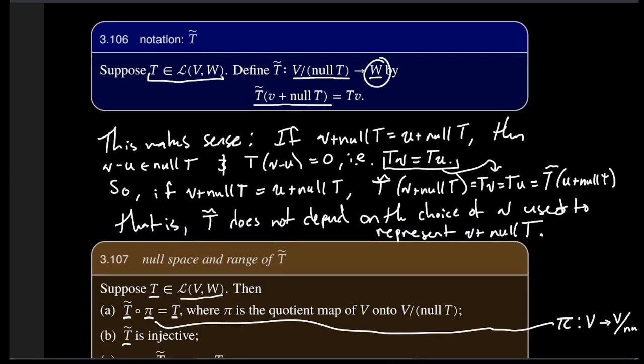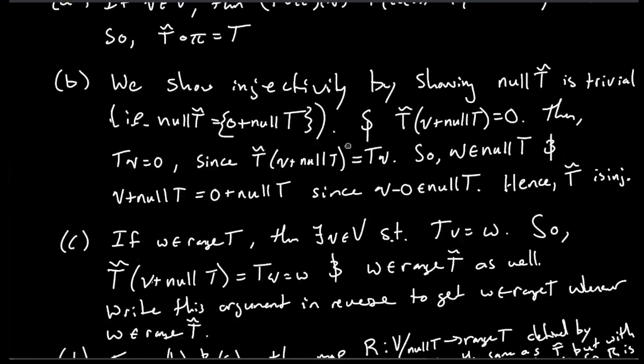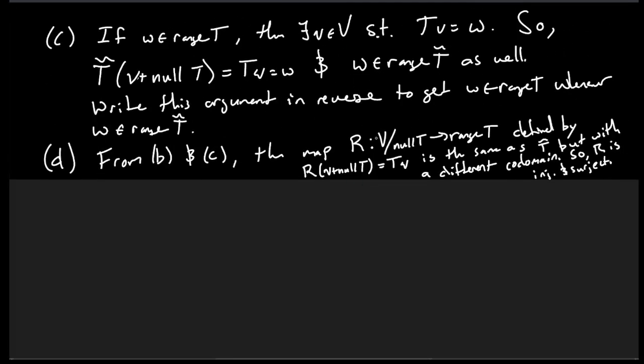So T tilde may not be surjective, but R, which is just basically T tilde made surjective by replacing the codomain with the range, that thing is surjective. And this tells us that v, quotient by null T, and the range of T are isomorphic. Sweet. This is an isomorphism theorem, and quite a famous one at that.